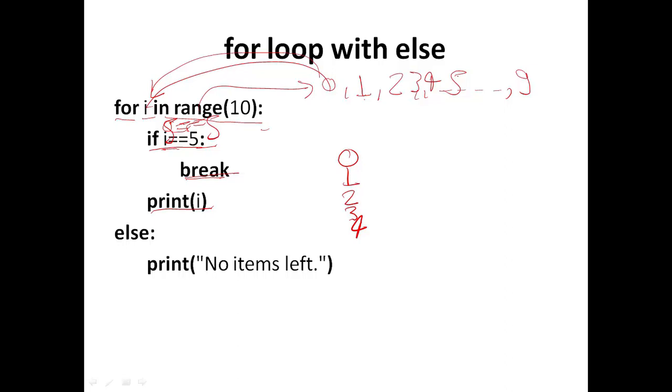So we will execute the break statement which will break the for loop flow. So we'll jump out of this for loop, and this else part will not be executed because we have broken the loop using the break keyword. So the final answer of this code will be 0, 1, 2, 3 and 4.